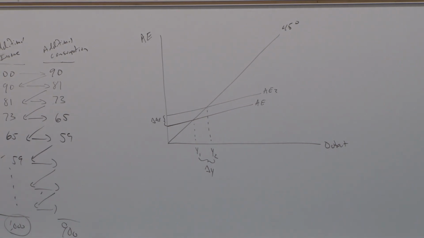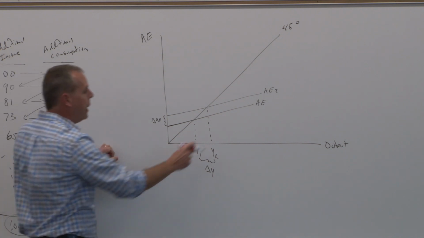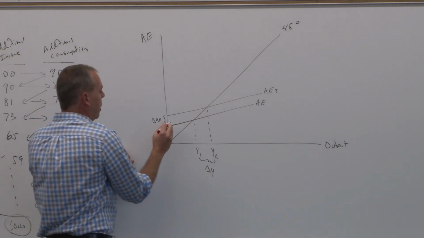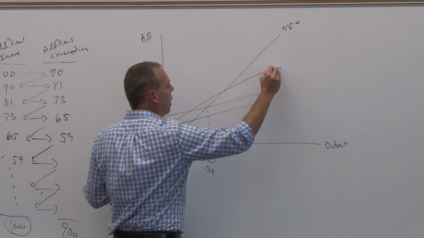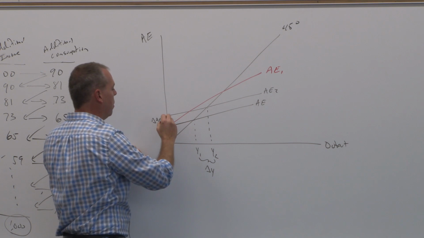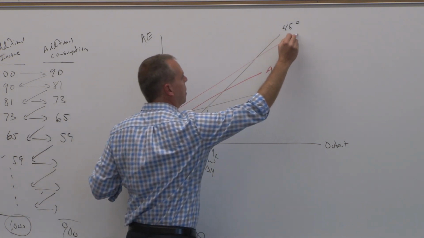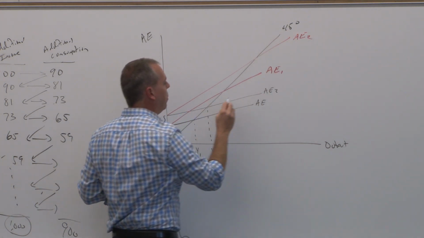But if we make this guy steeper, right? If we make this aggregate expenditure line steeper, let's have the exact same thing here. AE1, AE2.